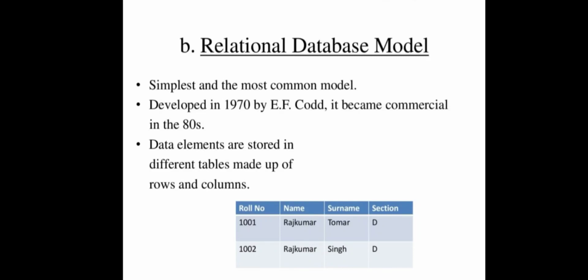Relational means that data can be stored in the form of tables, which is known as a relational database model, in which data in the table can be stored in a row and column format. For example, roll number, name, surname, and section. Roll number 1001, name is Rajkumar, surname is Tomer, and section is D. The information about any person stored in a table is known as a relational database model.